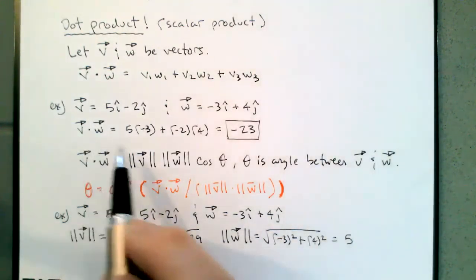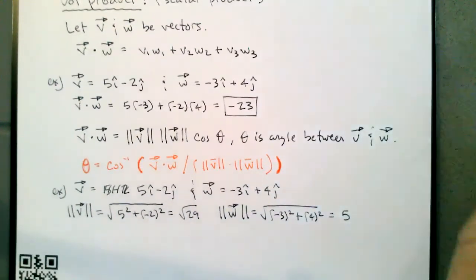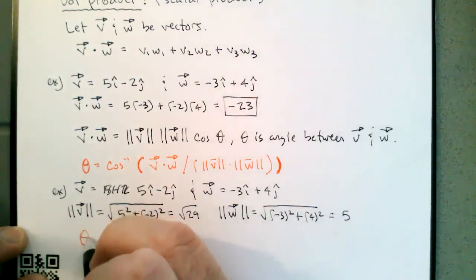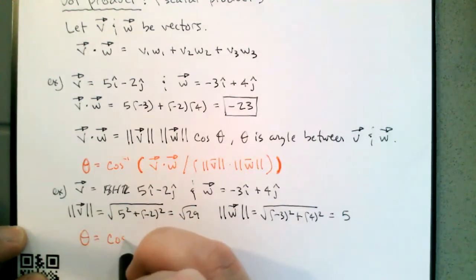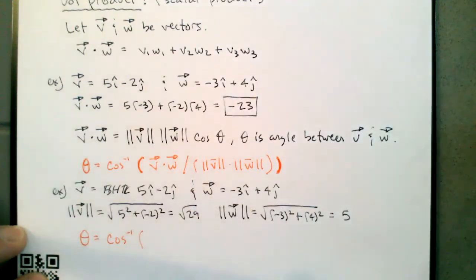And I already had v dot w from our first calculation. So I can use this to find theta. Theta will be the cosine inverse of v dot w, which is negative 23.